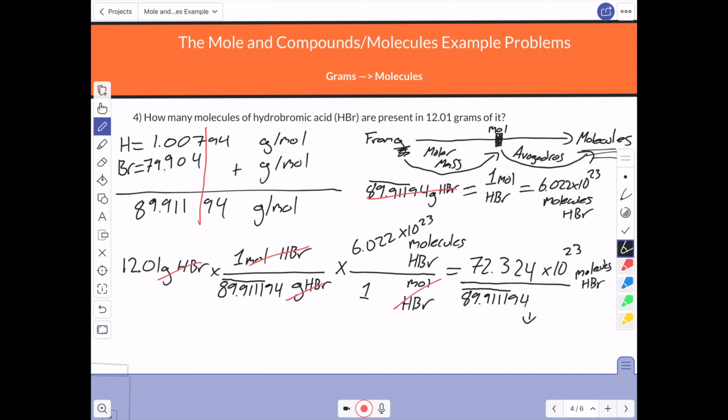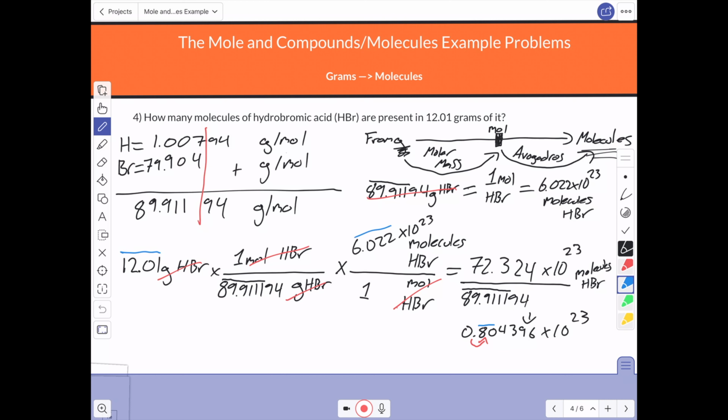We'll get 0.804396 times 10 to the 23rd. We want to simplify that into proper scientific notation and to our proper number of sig figs, which will be 4 sig figs because of the number we started with and because of Avogadro's number.